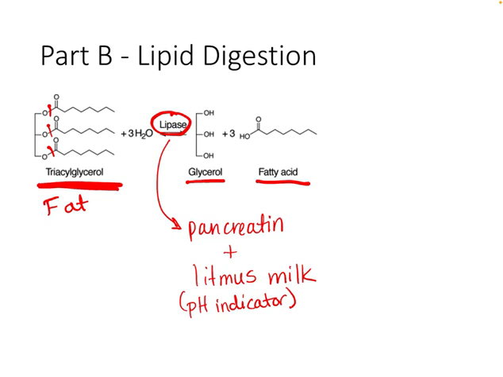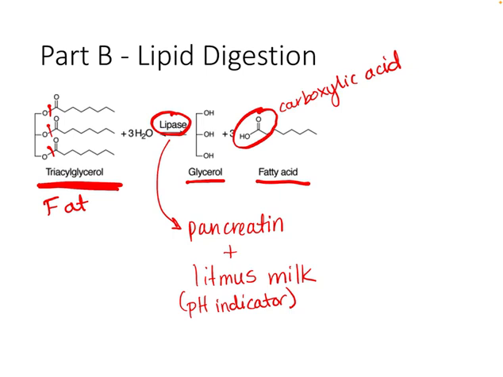Now looking at our fatty acid, notice that there's this carboxylic acid group. So as we start to break down the fat in milk using lipase, that's going to produce acidic molecules, those fatty acids.